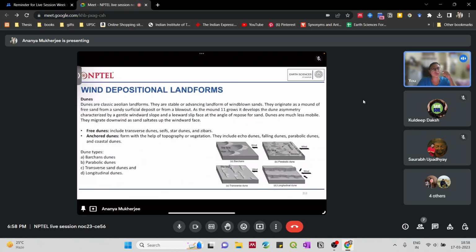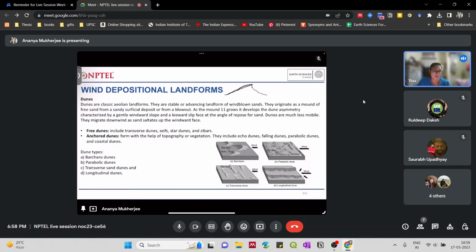Then we come to the most important depositional features associated with aeolian geomorphology. They are dunes. These are classic aeolian landforms. Dunes are mostly of this structure, like this, then this.